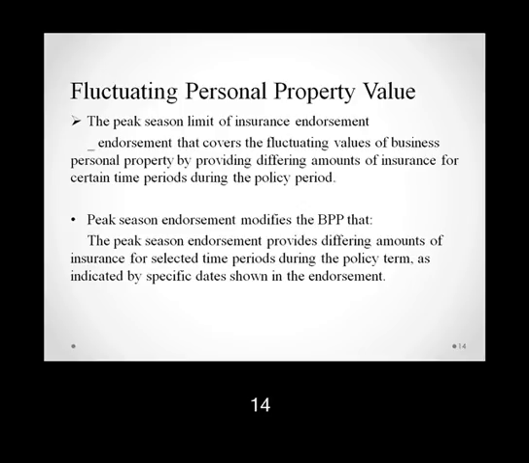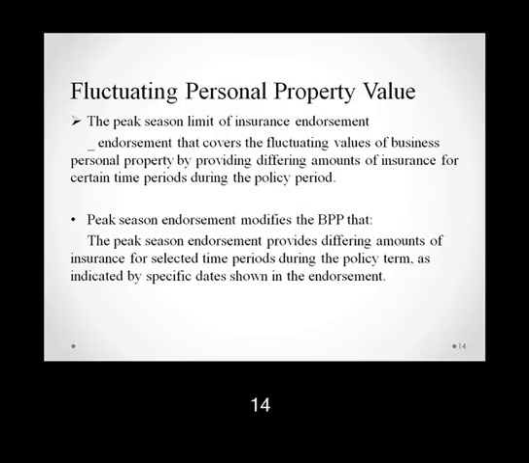Now, it seems like the peak season limit has solved the problem perfectly. However, as you think of it, it is actually based on prediction, because you pretty much predict that your inventory will increase in a specific time of the year. Now, that prediction could be wrong. For example, a lumber supplier usually has a peak season, which is summer.